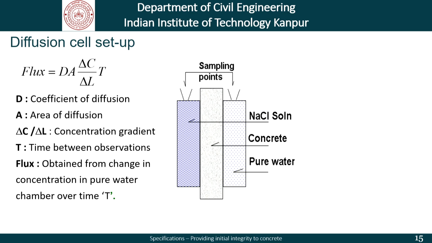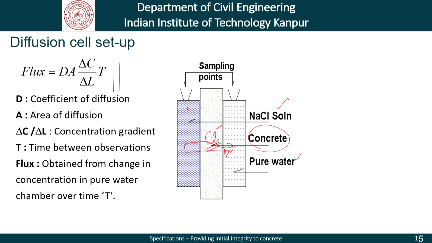Looking at the diffusion cell type experiments, basically a concrete block is taken here, and on one side we have a sodium chloride solution, pure water on the other side, and we have chlorides move into this chamber from this chamber. So, this part here is an equation which represents how much flux will happen as chlorides move through this concrete.